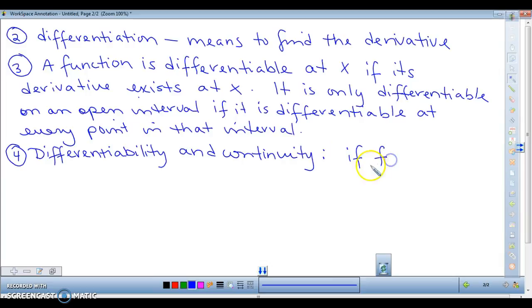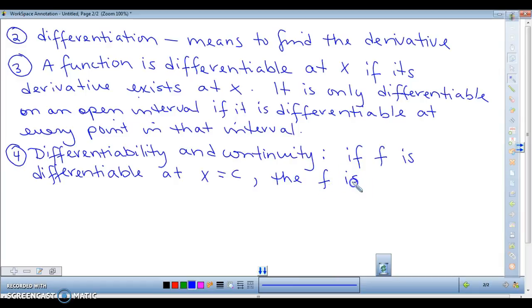If f is differentiable at x equals c, then f is also continuous.